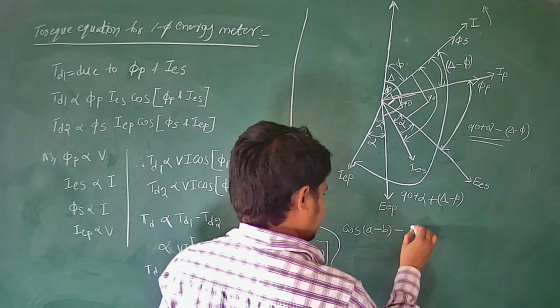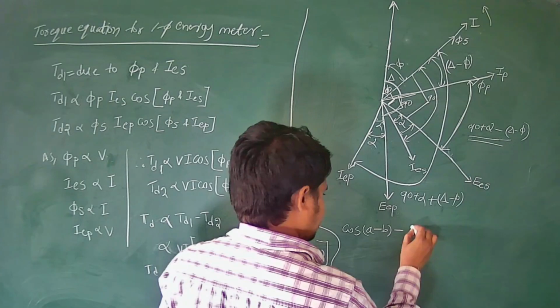Therefore cos A cos B cancel, and that is equal to 2 sin A sin B. Therefore our deflection torque TD is proportional to VI here.